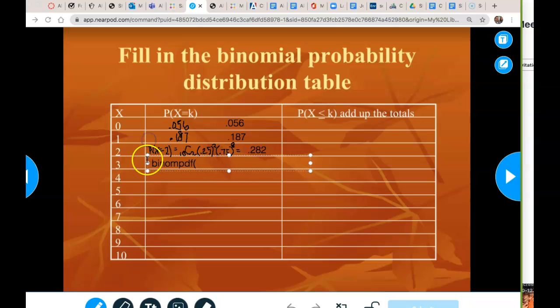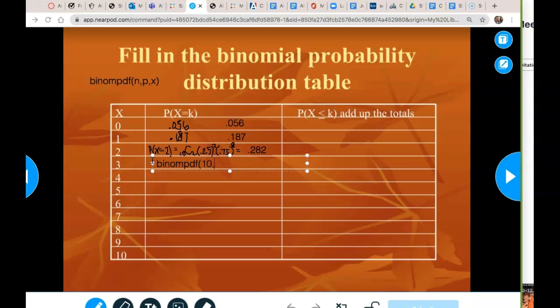So for binomial PDF, you're going to enter n, p, k. Or, in fact, x, whatever your x value is. So for 3, we're going to enter binomial PDF. n is 10.